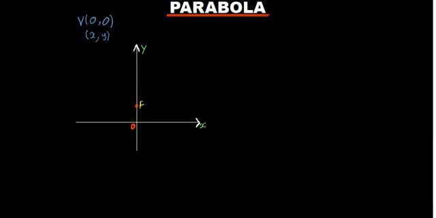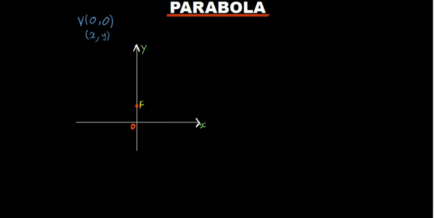And we have to understand that the vertex can be at any point. It doesn't necessarily have to always be on the origin. It's just that in this video we are focusing on when the vertex is at the origin.